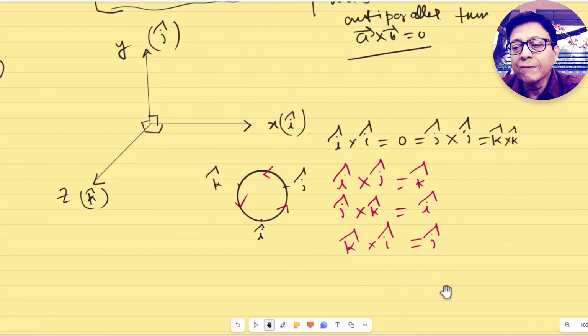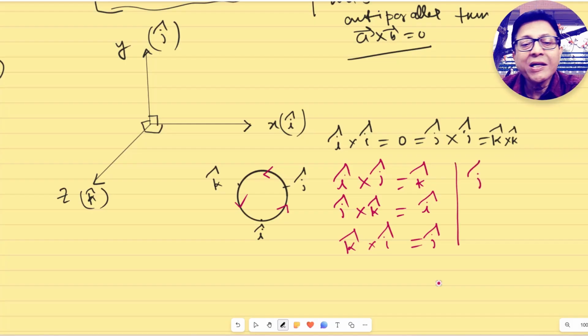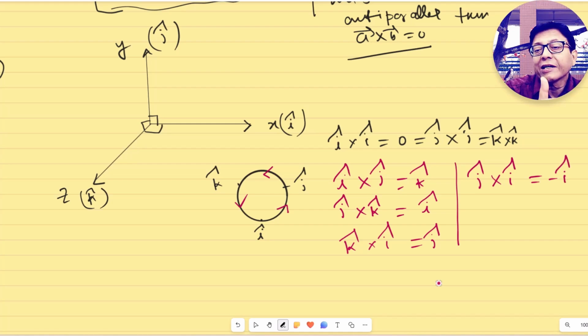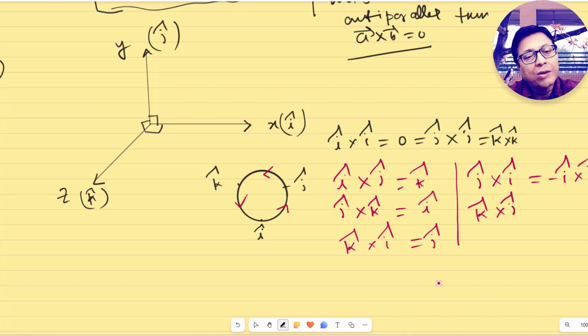J cross K is I. K cross I is J. Every time you can understand by curling your fingers from the first to the second vector. So I cross J, J cross K and K cross I can be determined easily with the sign if you fix on this circle.